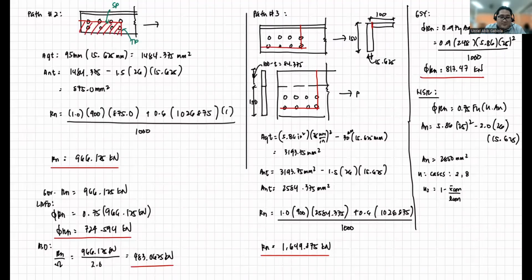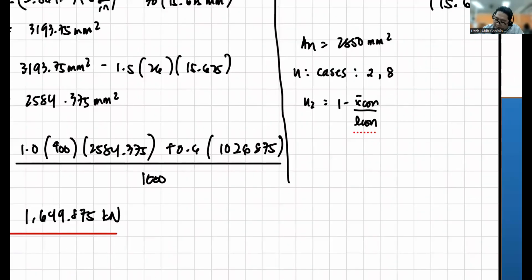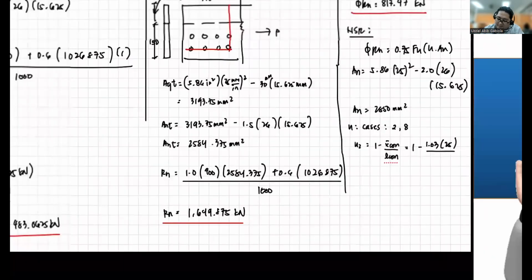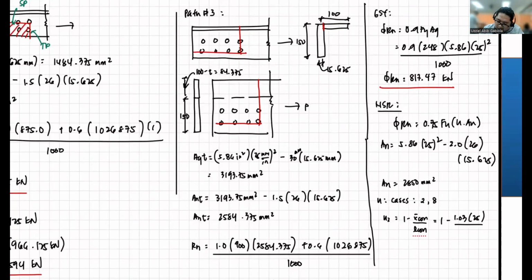For L 6/4 by 5/8, ang bar x height, 1.03. Okay, so that is 1 minus 1.03 times 25 divided by L naman natin. So dito, connection to connection lang tayo. So connection to connection, that is 75 each yung spacing niya.